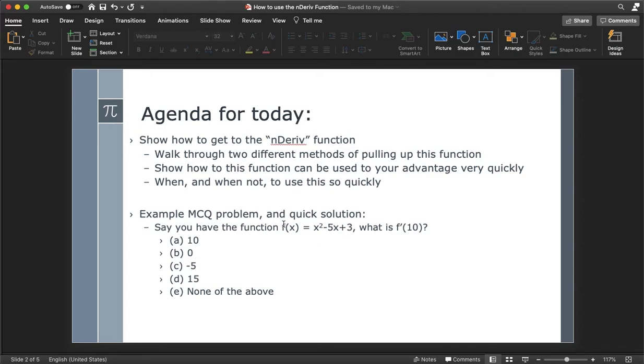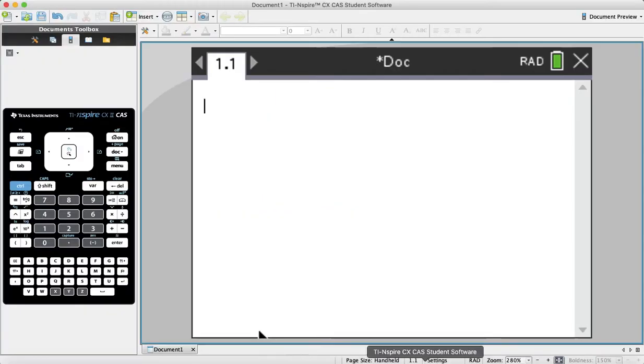You could get full credit given whatever Scantron or test examination you're taking, because there's no requirement that you show work, but there are times when you do need to show work. So let's go to the Ti-Nspire here.